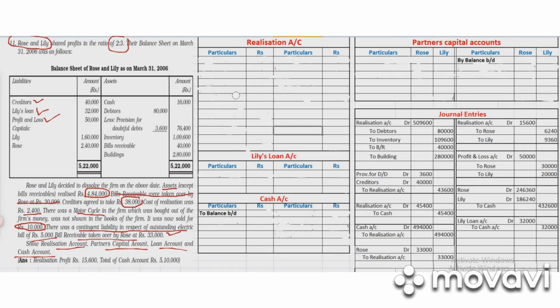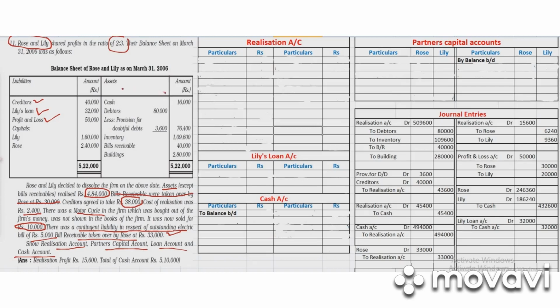Nothing else. It's very simple. Just record assets and liabilities as given, then record the sale proceeds and settlement. So first step, dear students, remember, you record all the assets.